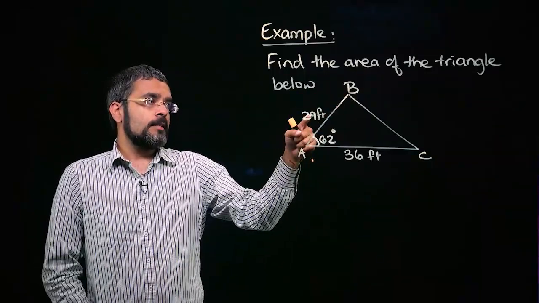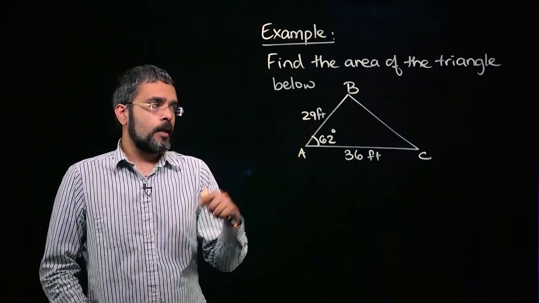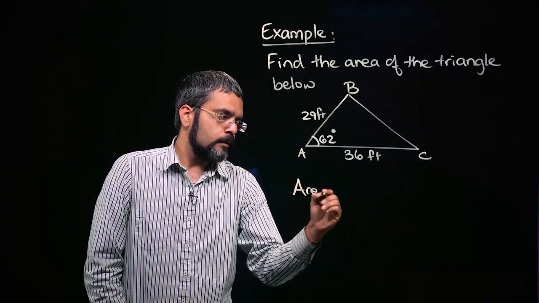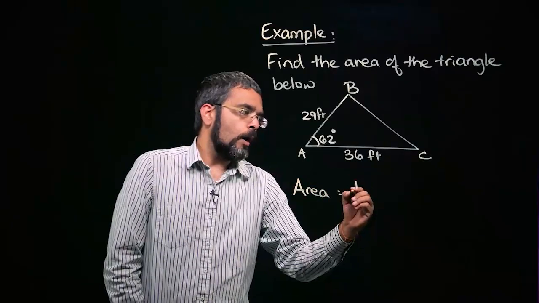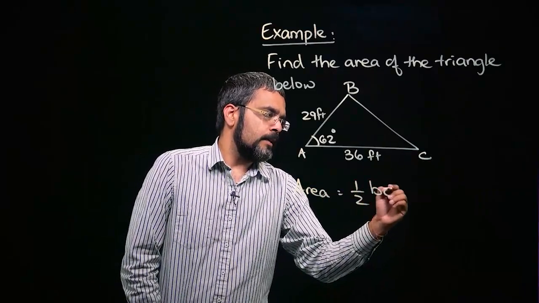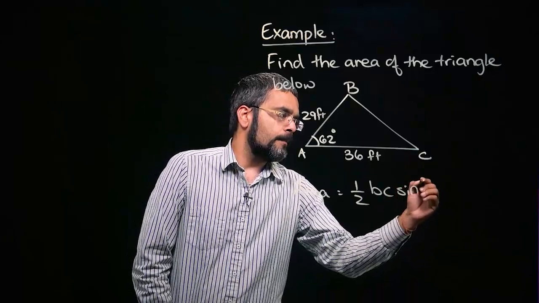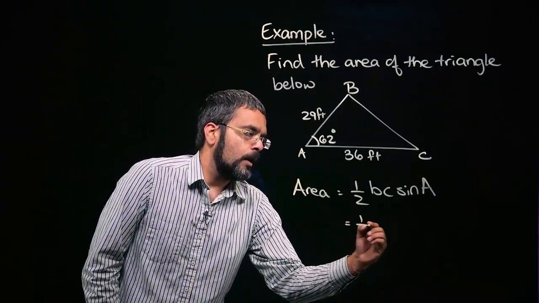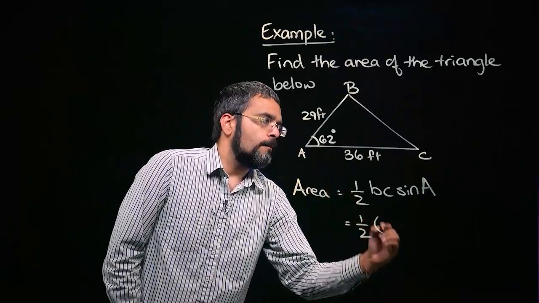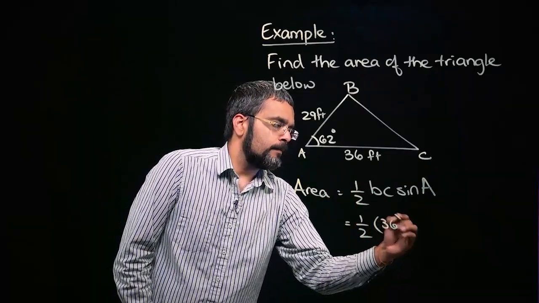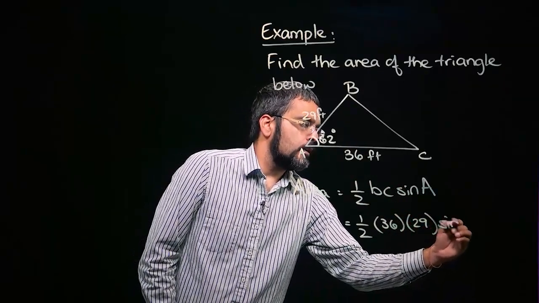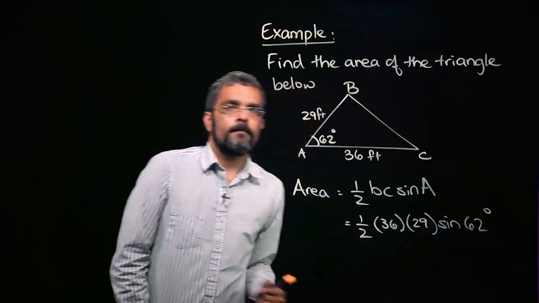First thing I notice is this is an SAS triangle. So I can use the previous formula that we just learned, and I know that area is going to be 1/2 BC times sine of A. That's going to be 1/2 of B, which is 36, times C, which is 29, and sine of 62 degrees.